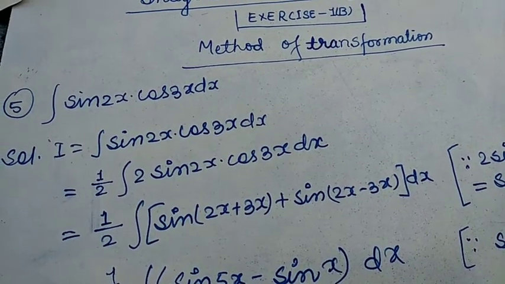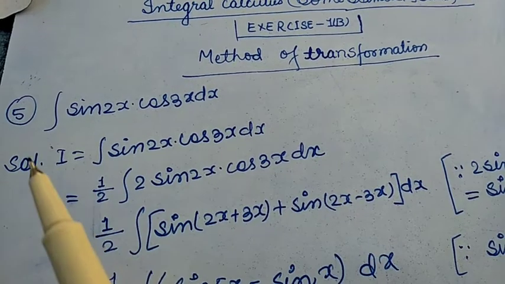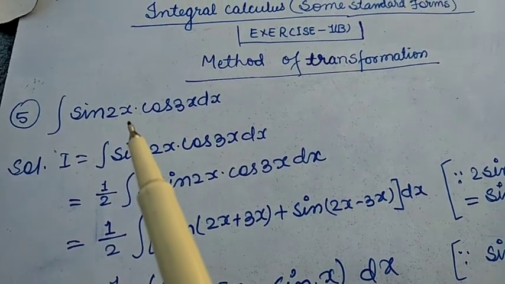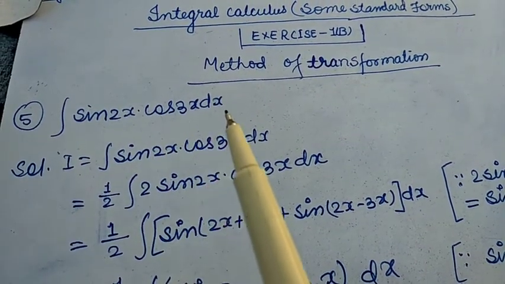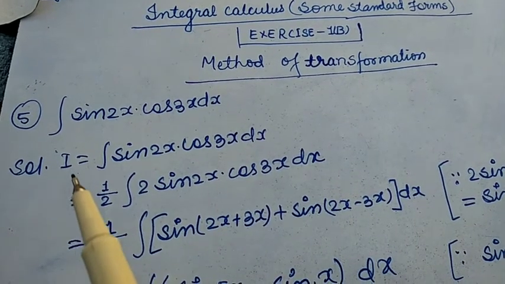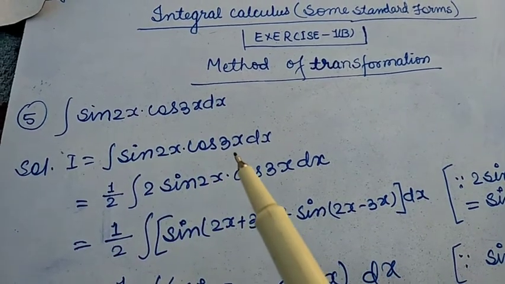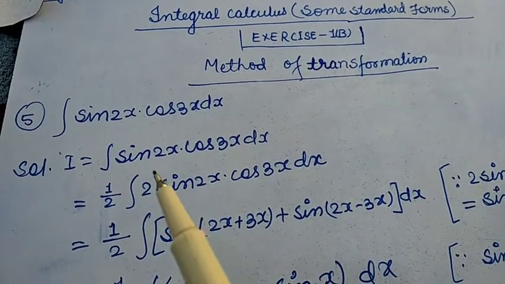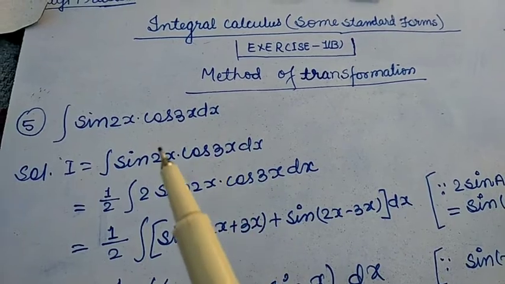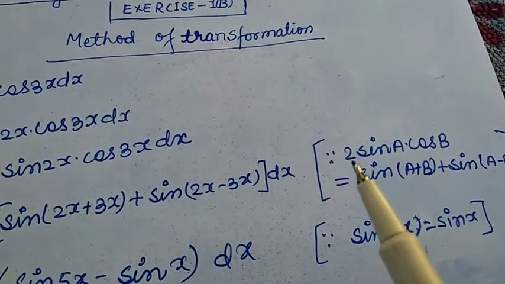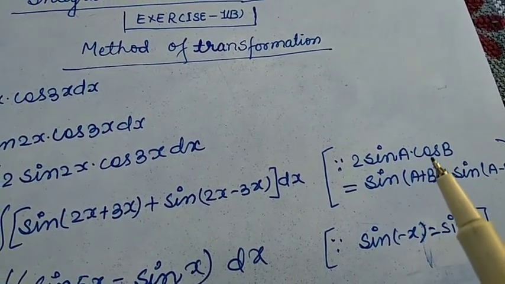You can see the next question, which is question number 5. The question is integration of sin 2x into cos 3x into dx. So you can see the solution. I is equal to integration of sin 2x into cos 3x into dx. We have to make this term in the form of 2 sin a into cos b.